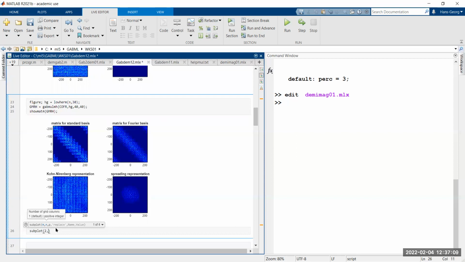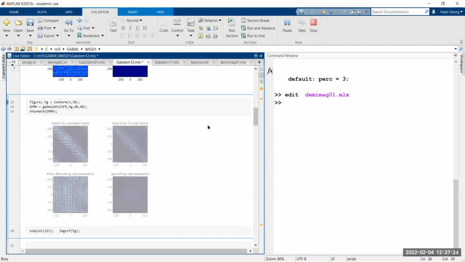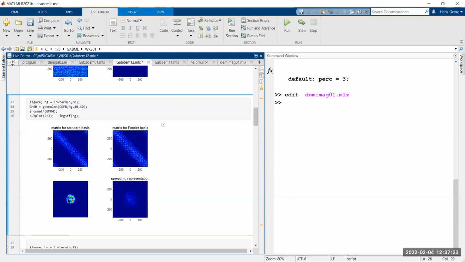Subplot 2 to 3, and I'm doing image STFT of our new HG, Hermite G. Then you will see that these are things which are concentrated near the origin in the time frequency plane. So it's very close, and this spreading function is a kind of extended smeared version of this.